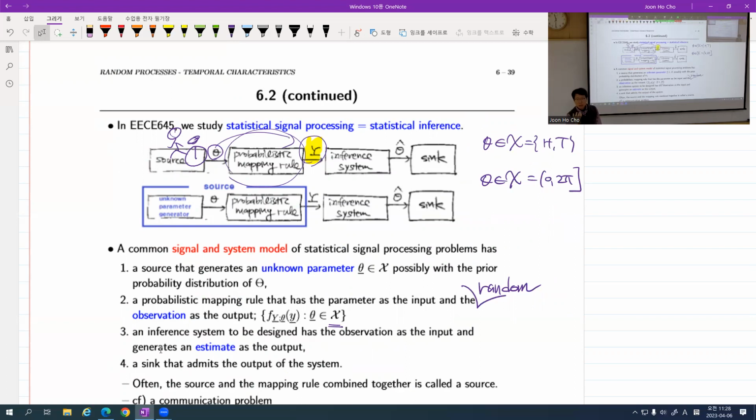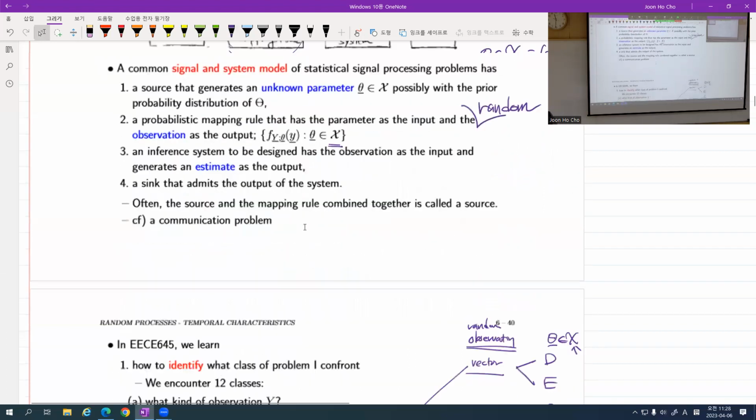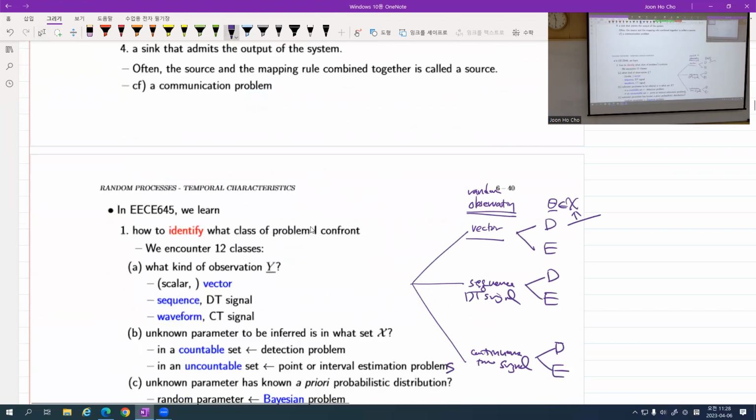Sometimes we probabilistically model theta. So theta is sometimes a random variable or random vector. That is also very important. So theta random, yes, no, yes, no, and then how many? 3, 2, 2, so 12 parts.